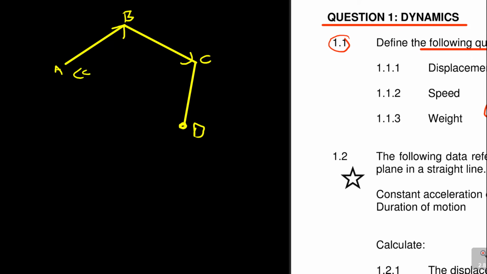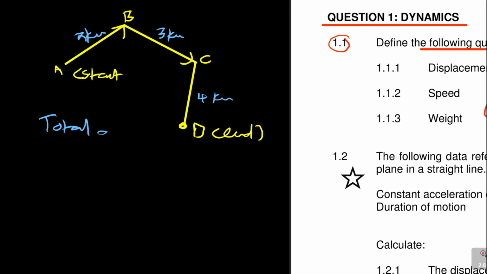This is the start, and then this is the end. This person moved here 2 kilometers, here he moved 3 kilometers, and then here he moved 4 kilometers. If I say to you, what is the total distance moved, you're going to say 2 plus 3 plus 4, which is equal to 9 kilometers. Are you with me? Then what about displacement?